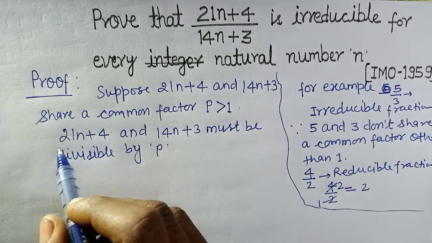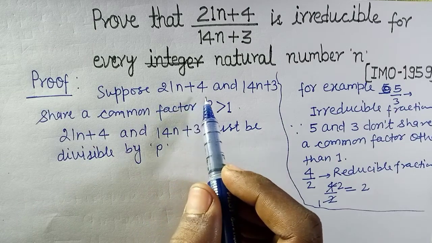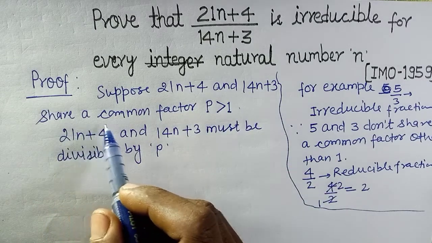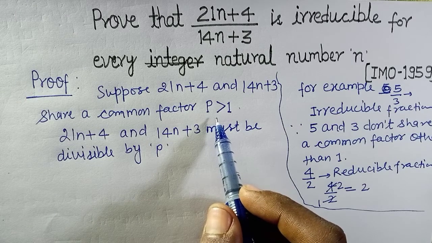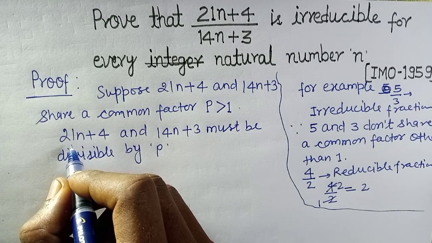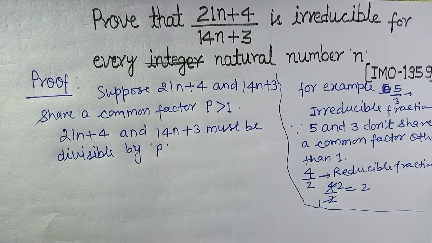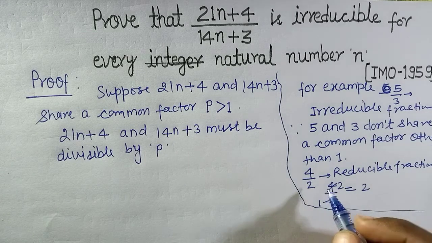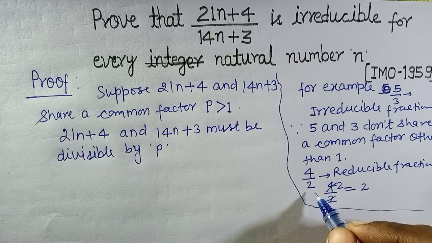That's why if 21n + 4 and 14n + 3 share a common factor p, which is greater than 1, then 21n + 4 and 14n + 3 must be divisible by p. By the same logic we have concluded this here.